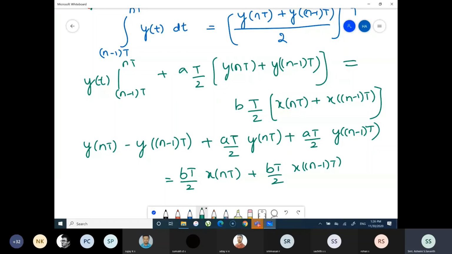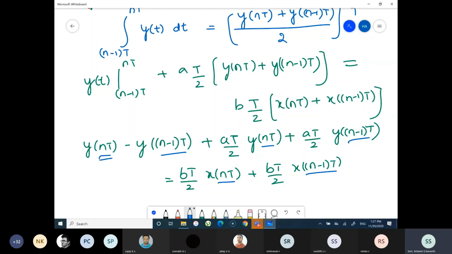Now we can simplify this equation and write it. Capital T is a constant. You have y of nT, y of (n minus 1)T, right? All these are discrete time signals now. For a discrete time signal, do we keep writing x of nT, y of nT every time?